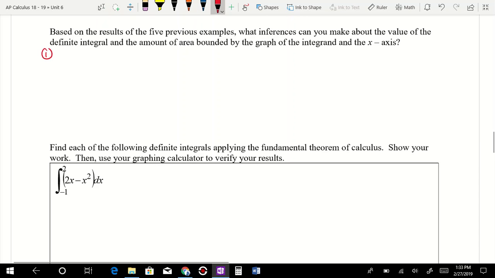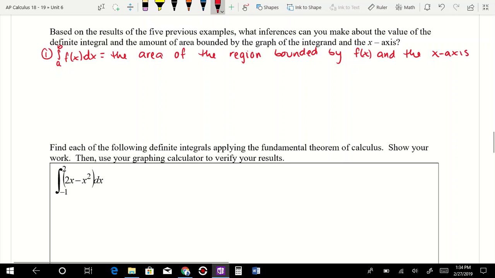First inference that we can make is that the integral from a to b of f of x dx equals the area of the region bounded by f of x, the function, and the x-axis, right? It's the area between the curve and the x-axis, not just the area under the curve.